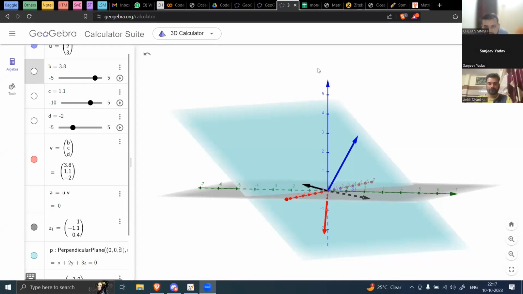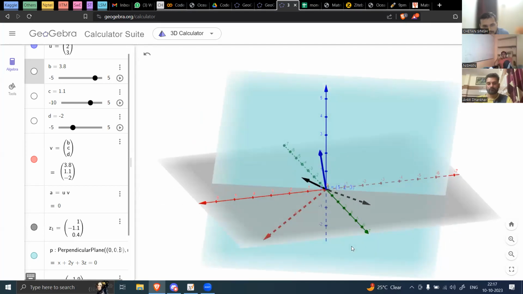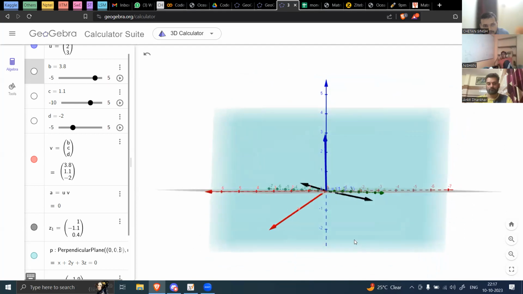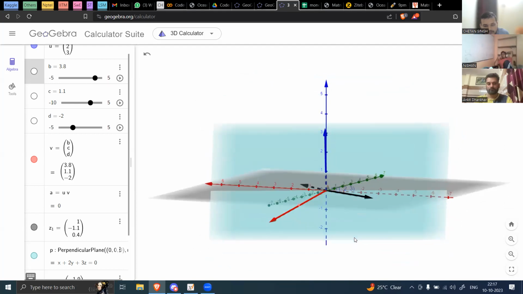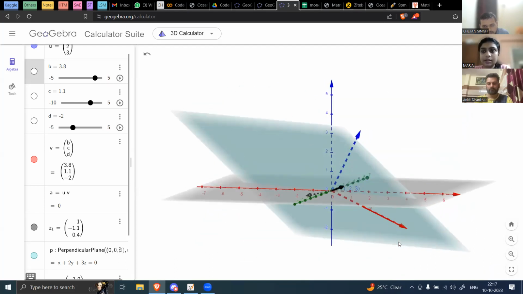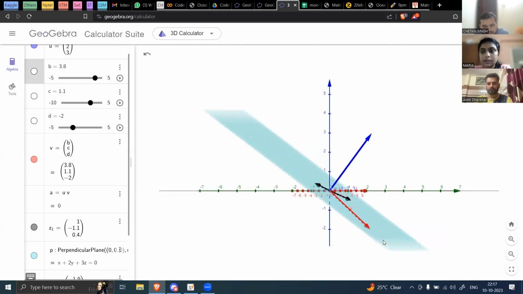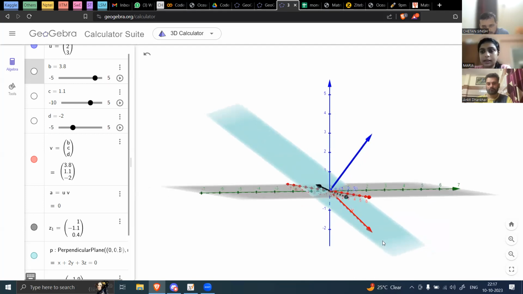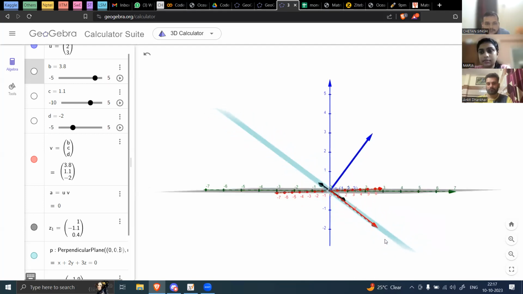Anyone? Maria was mentioning that we need two vectors, one perpendicular to the other, to define a plane. If we have to define a plane, we can have any vector on the plane and a vector perpendicular to it, and we can define the plane.